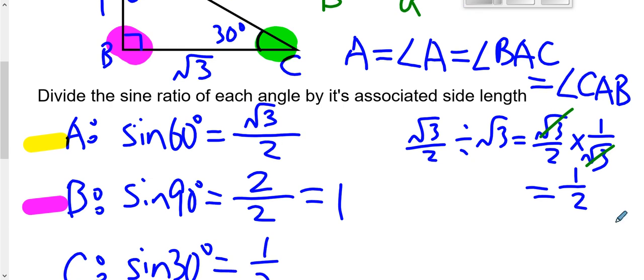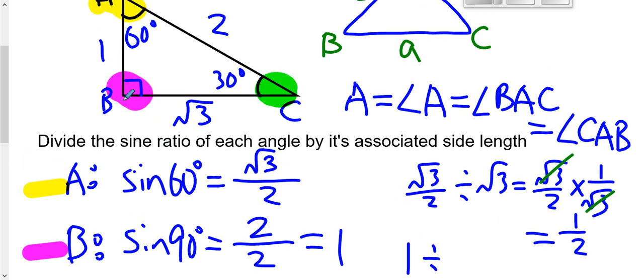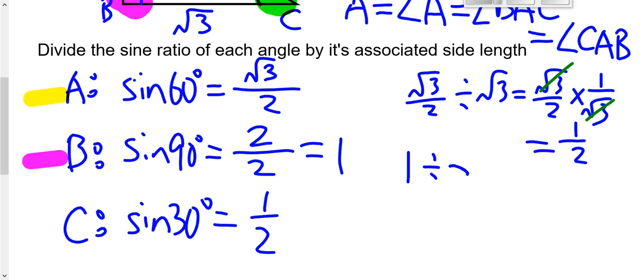Okay, now let's do this one. Divide the sine ratio by the associated side length. This is angle B. The length of the side opposite to that is 2. So 1 divided by 2 gives you 1/2. Now I hope you can see something, but let's finish this and come back.